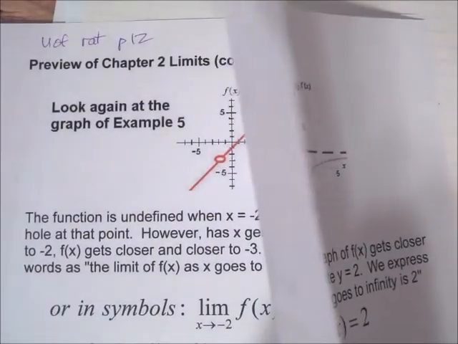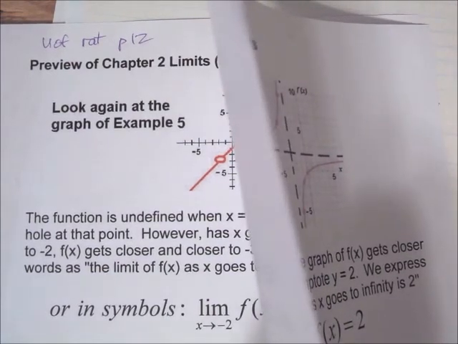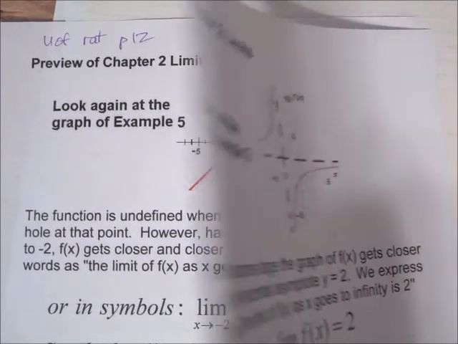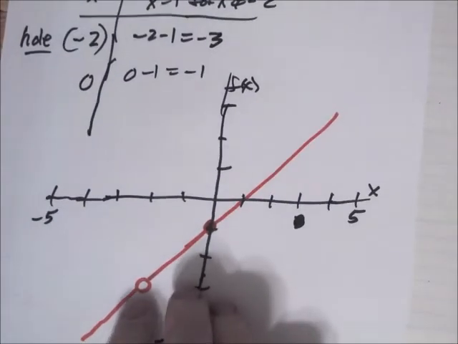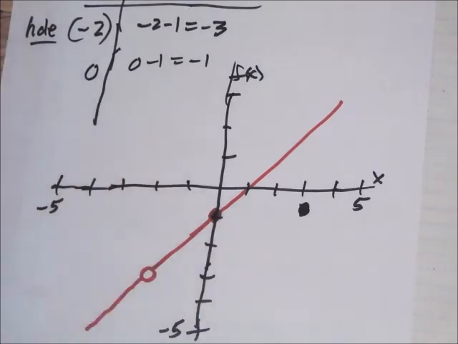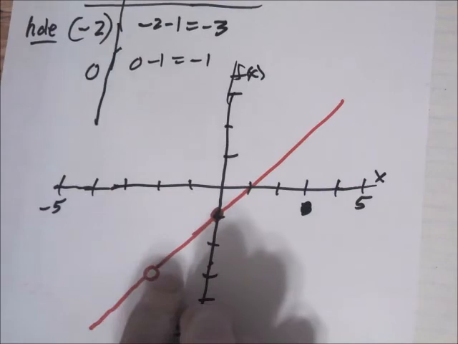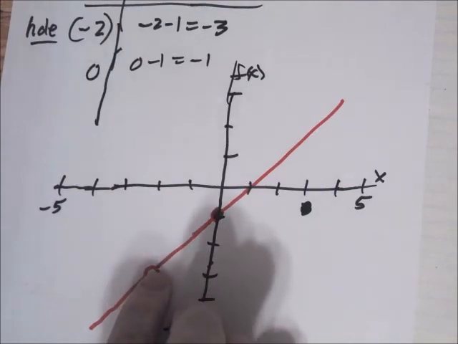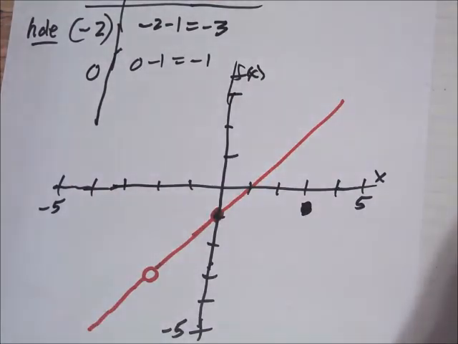Okay, so I think this function here also illustrates limits. Also, we can talk about the limit as x approaches negative 2. Even though f of negative 2 is undefined, it still has a limit there.